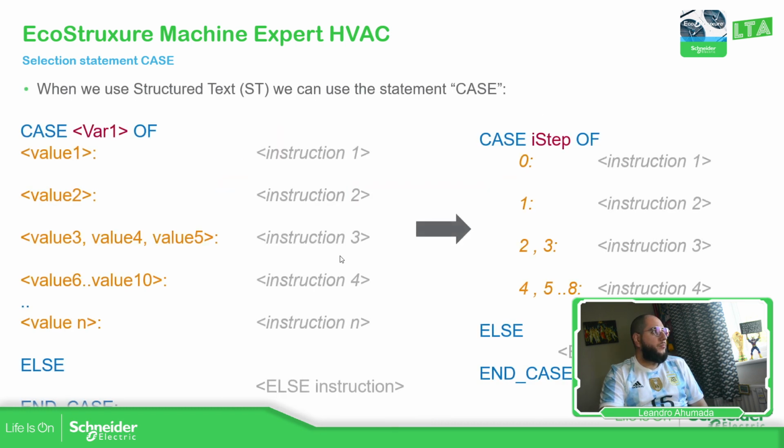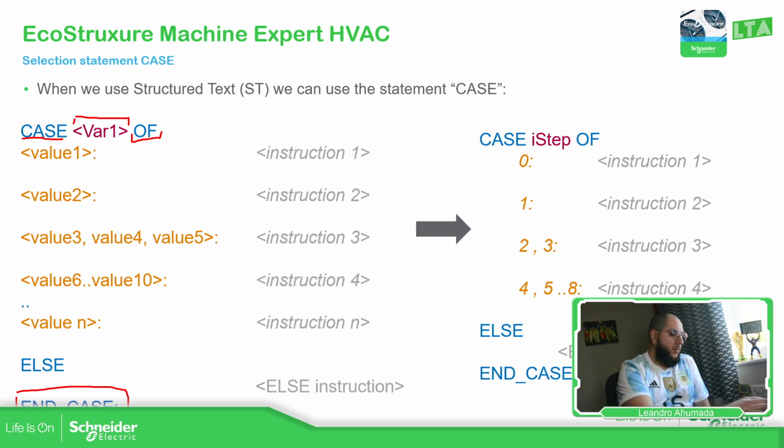So this is the syntax of the case. Basically, we just need to use the case, the variable that we want to use in this block or syntax in order to compare, then use the word of, and then you need to put in between the case and the end case, with the colon in order to finish the syntax.